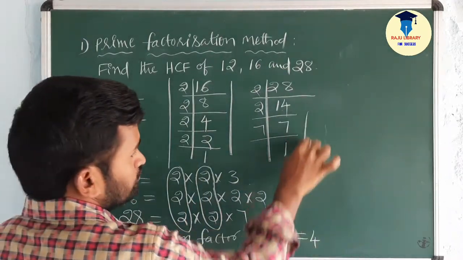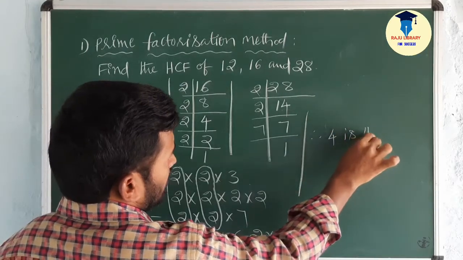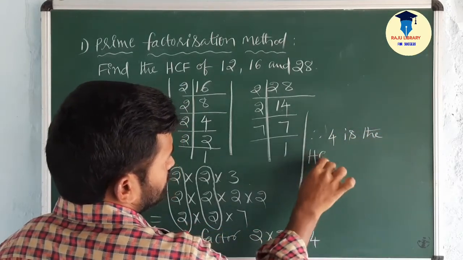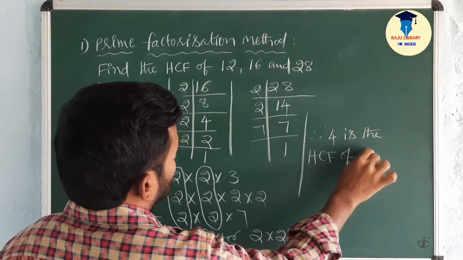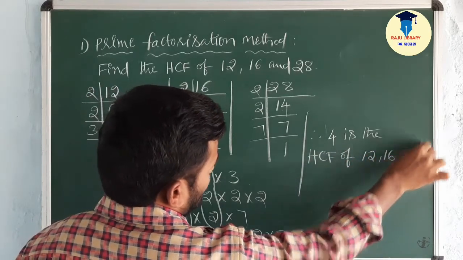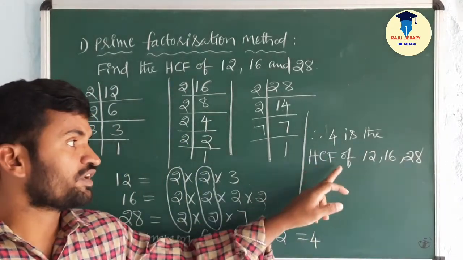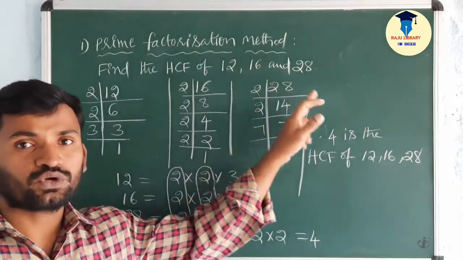Okay, therefore 4 is the HCF of 12, 16 and 28.